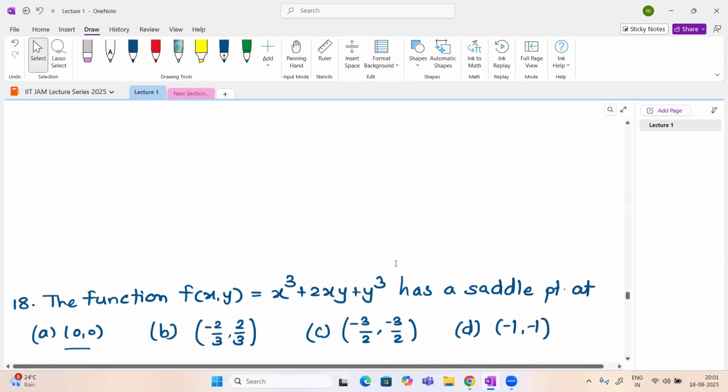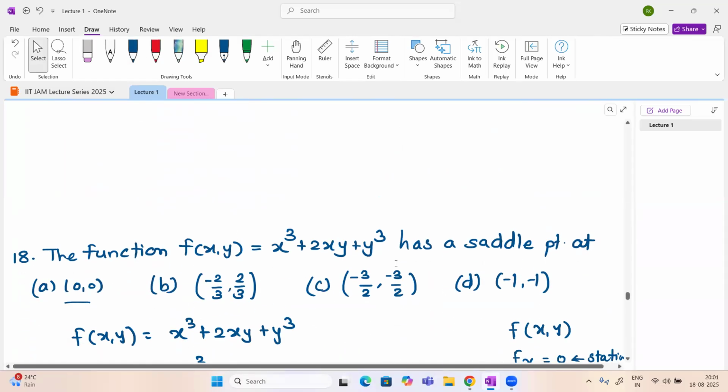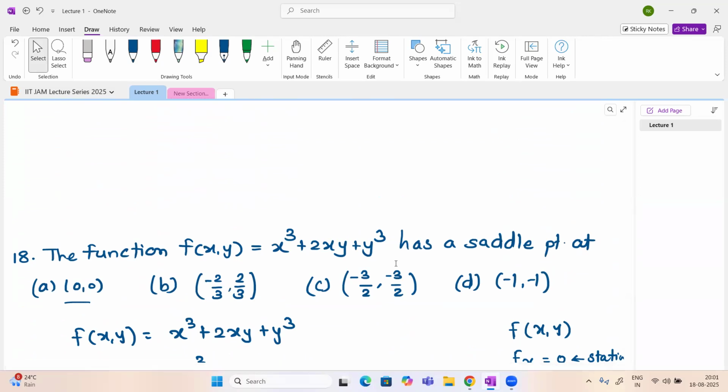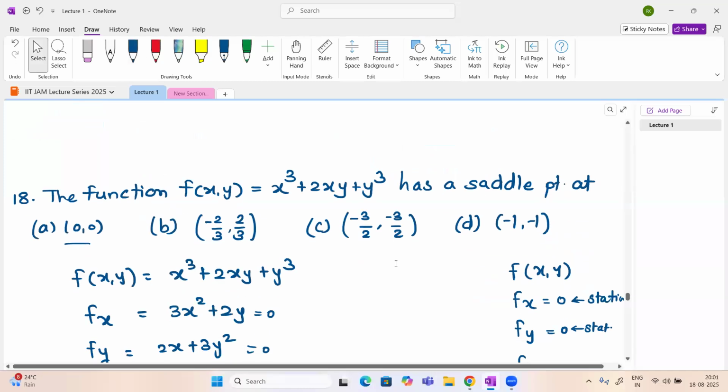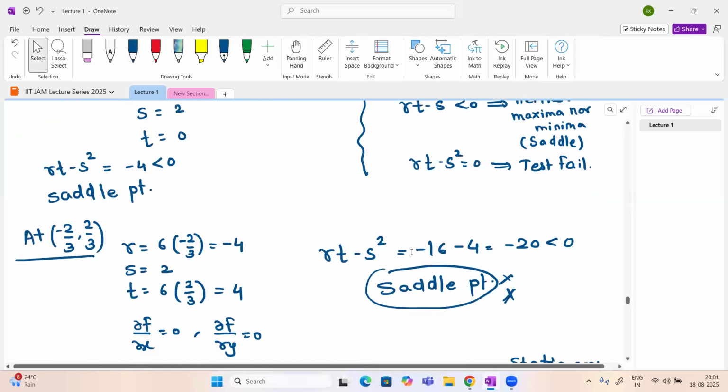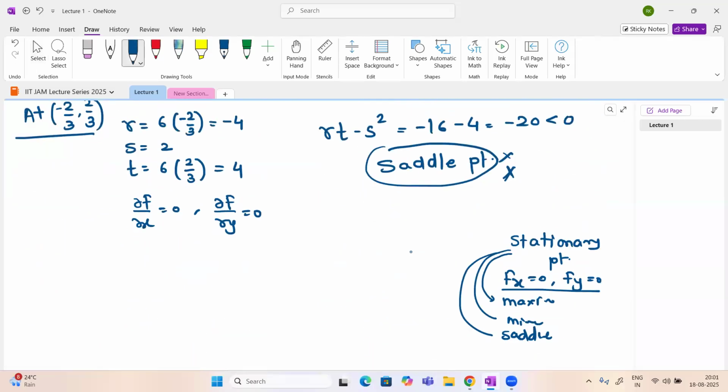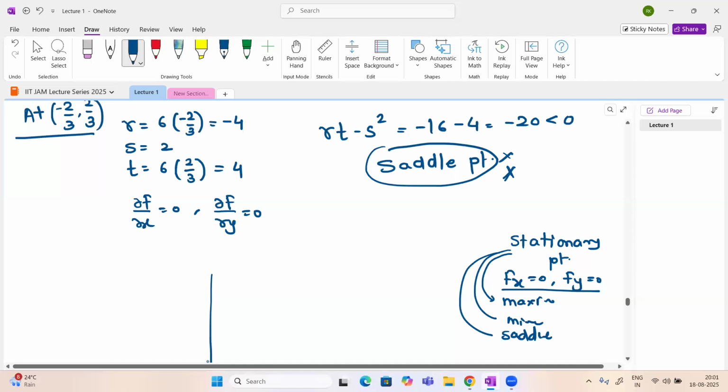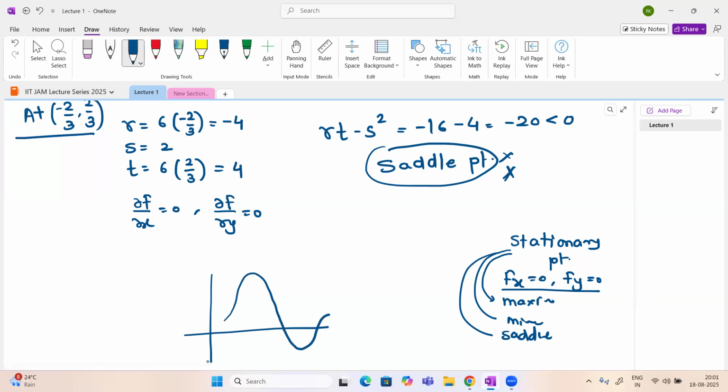Why do we use the saddle point? Why should it be introduced? See, a stationary point is where the derivative will be 0.